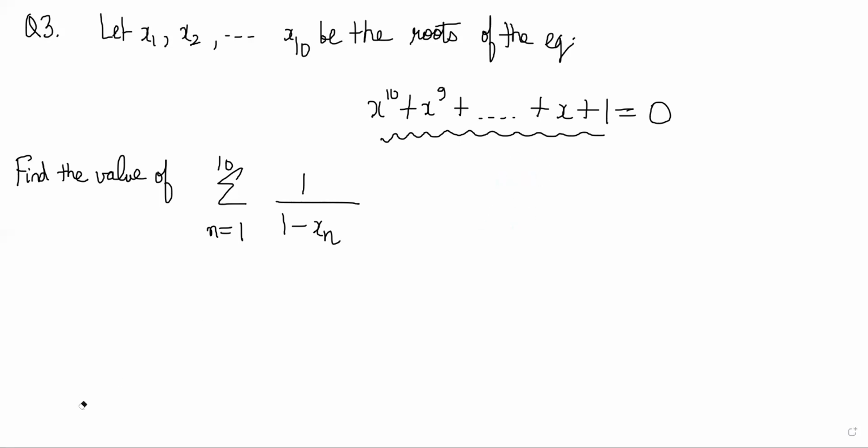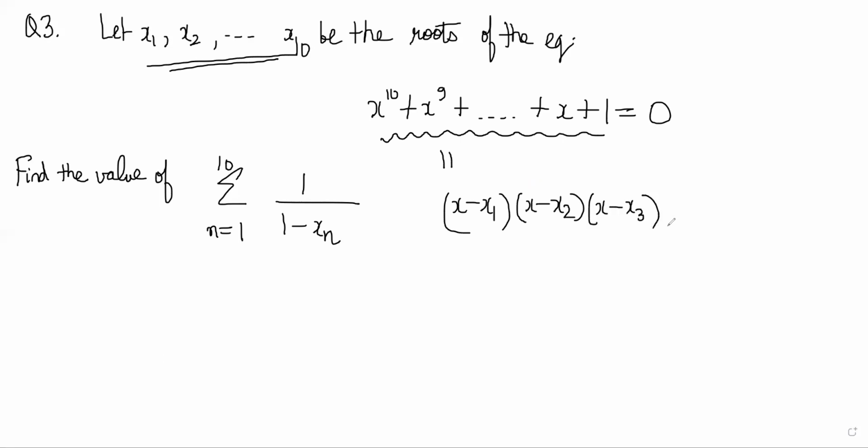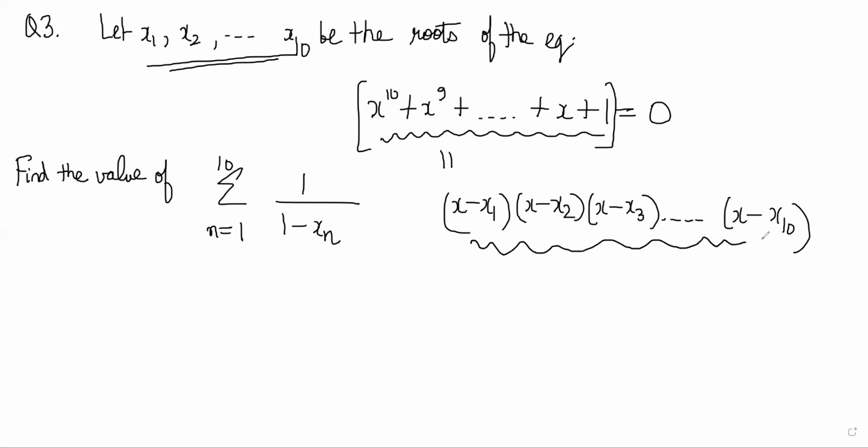So one thing here, you know, that if there are some roots of a polynomial equation, then always you can write it as x minus x1, x minus x2, and so on, right? x minus x10. This expression is equal to this. Then only x1 to x10 are the roots, right?